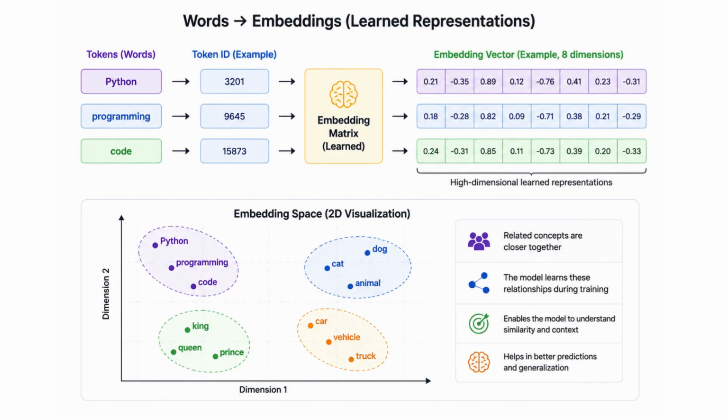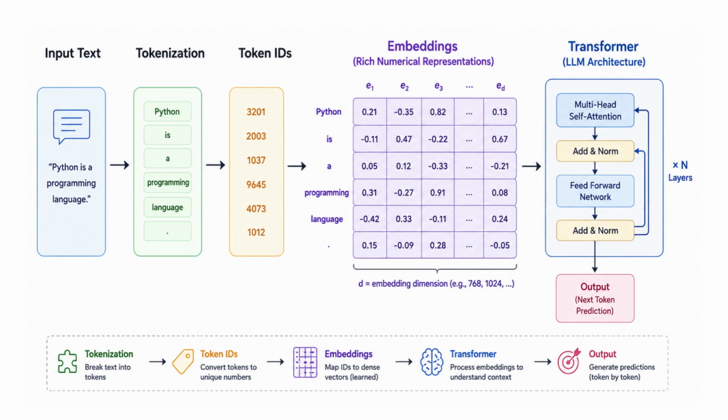These values form a learned representation of the token, allowing the model to capture useful relationships and patterns between different tokens and concepts. For example, during training, the model can learn that concepts such as Python, programming, and code are related. So, in simple terms, embeddings convert token IDs into rich numerical representations that carry learned information about the tokens.